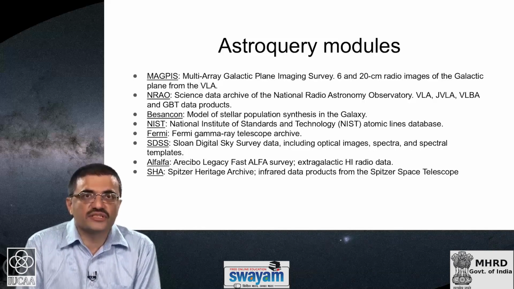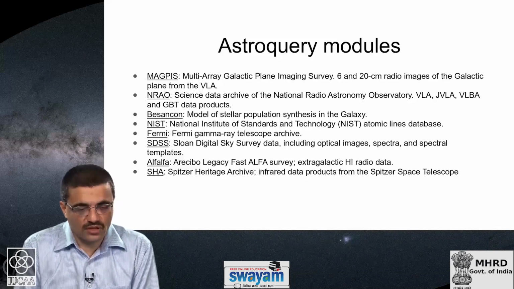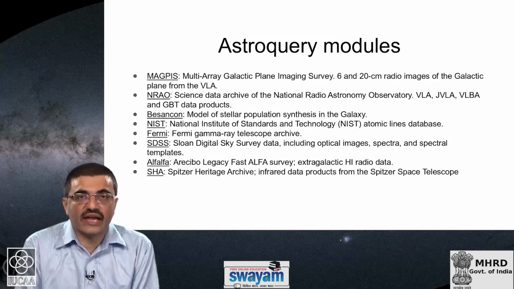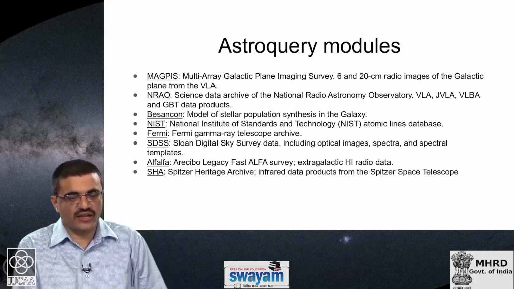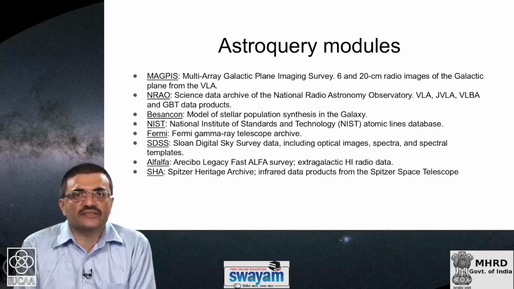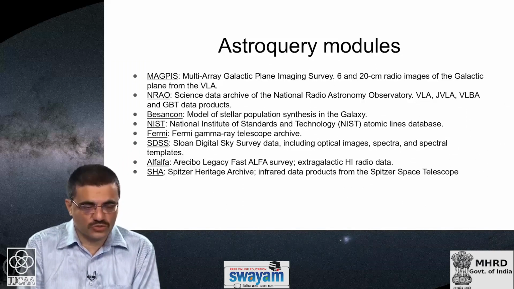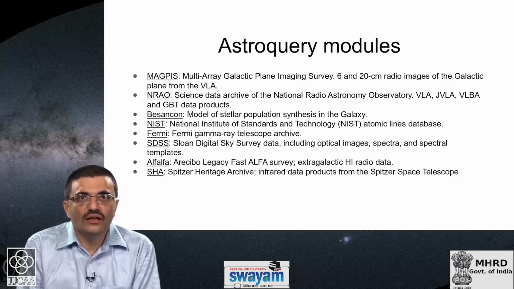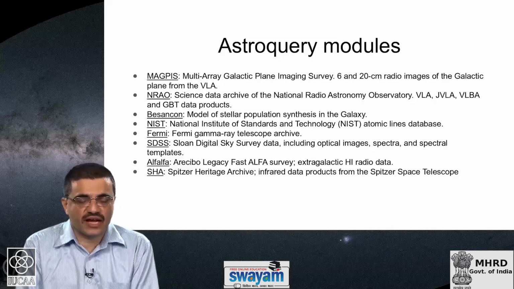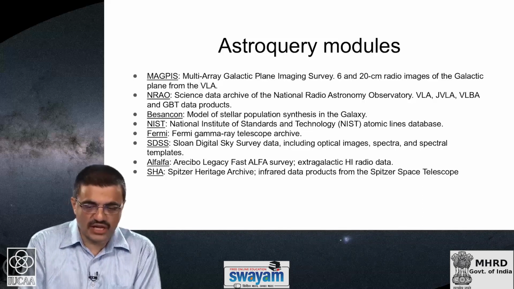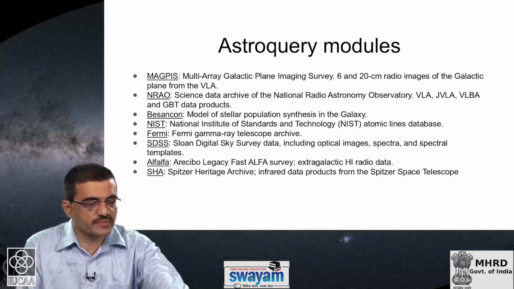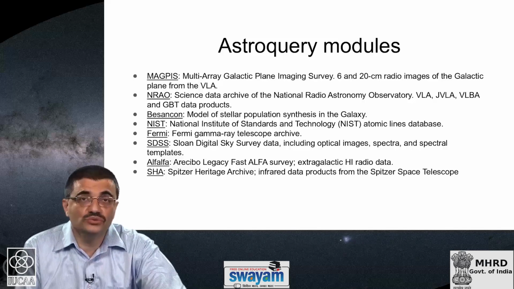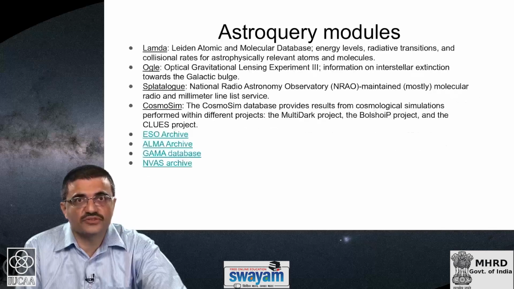Alfalfa was a survey carried out with Arecibo, and that can be accessed. It is an extragalactic HI radio survey that can be accessed from within AstroQuery. Just like the Hubble Heritage Archive that I mentioned previously, there is also the Spitzer Heritage Archive now, which contains infrared data products from the Spitzer Space Telescope, and that too can be accessed from within AstroQuery.